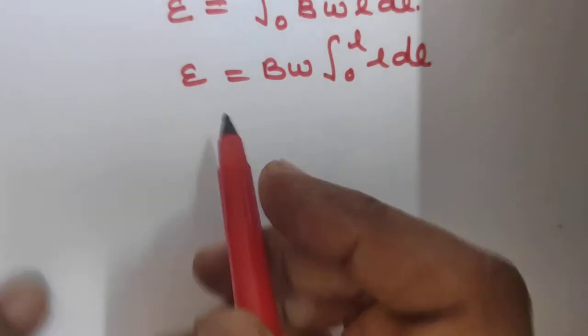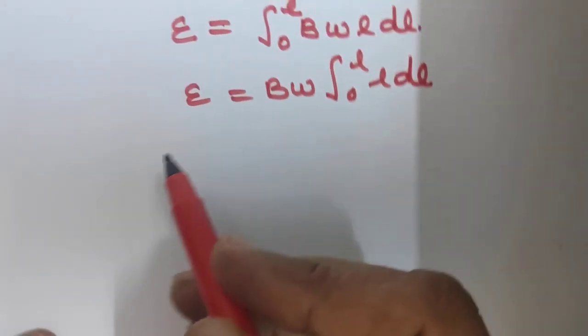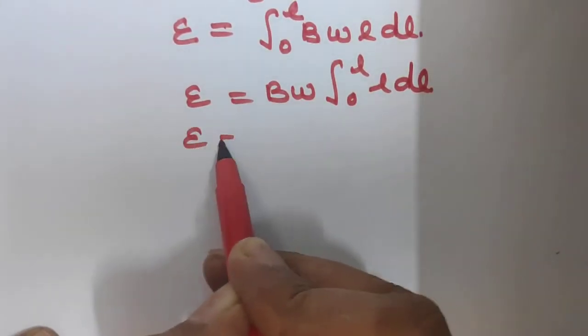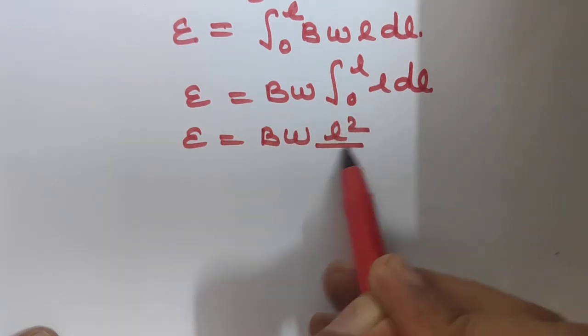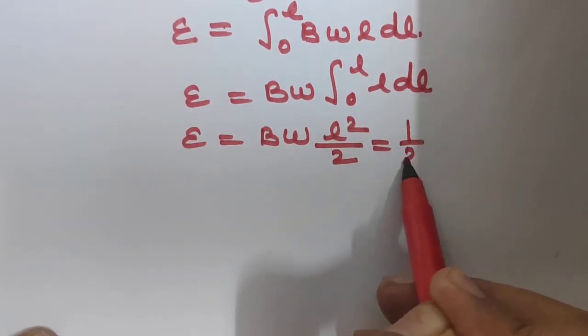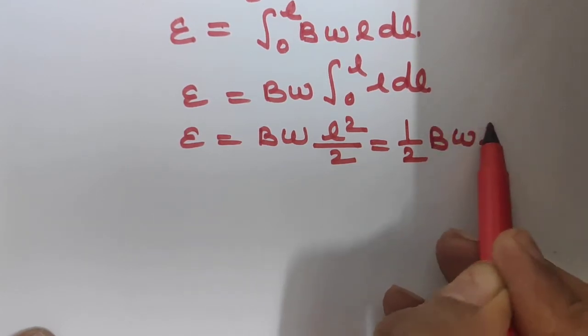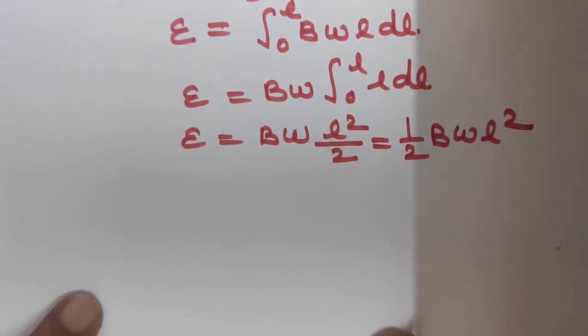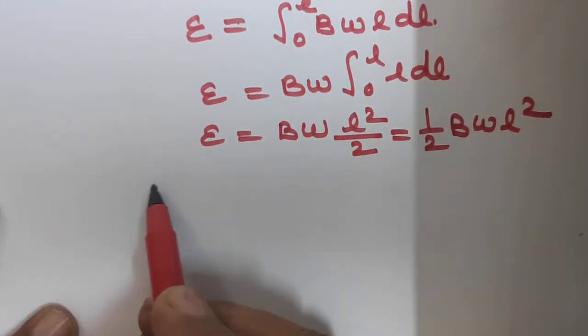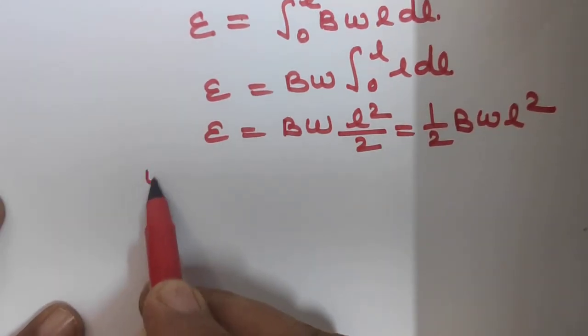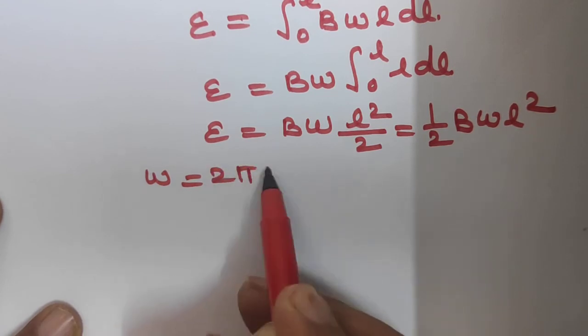Now E equal to B omega, and from here we get L square upon 2. So E equals half B omega L square. Now if it is moving with frequency nu, then omega equal to, we know, 2 pi nu.